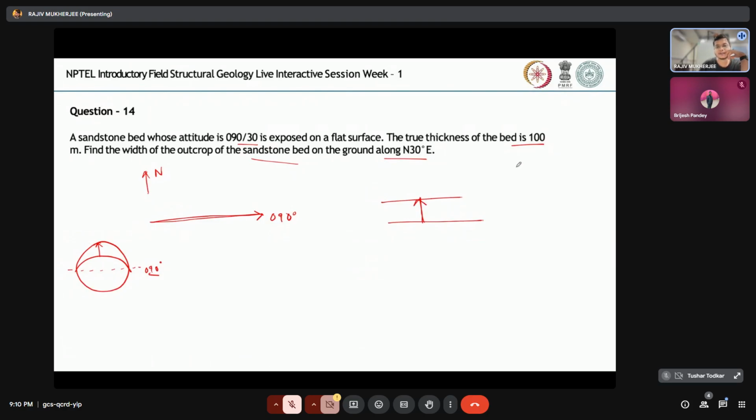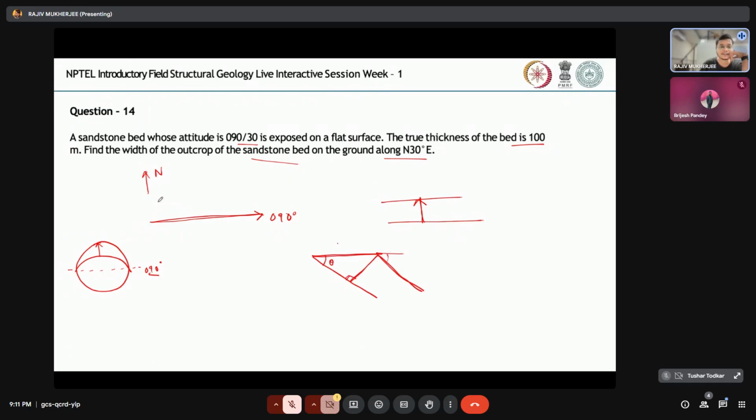Sorry, the apparent thickness will be, so if this is the true thickness of the bed, and this is the angle of the dip, and this is the apparent thickness on the surface, right?